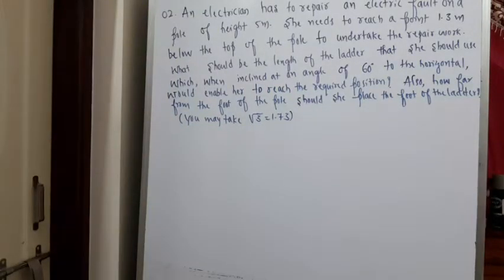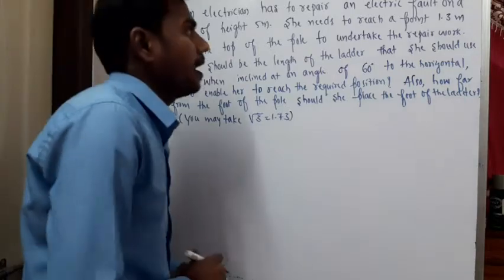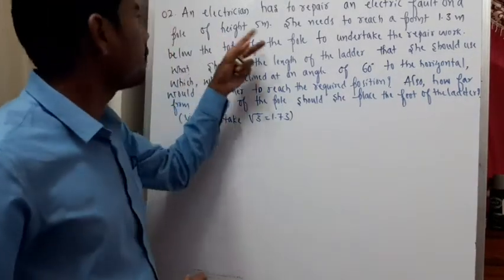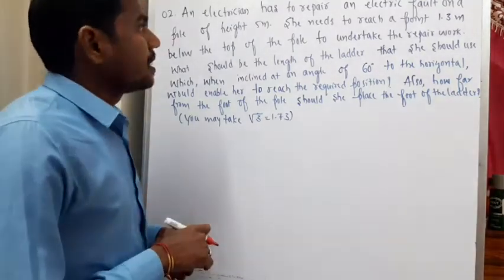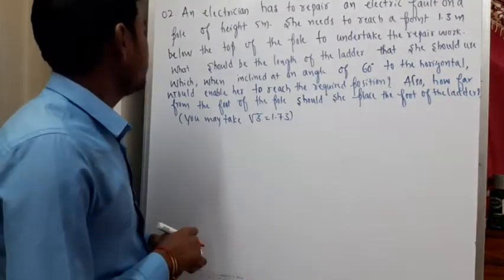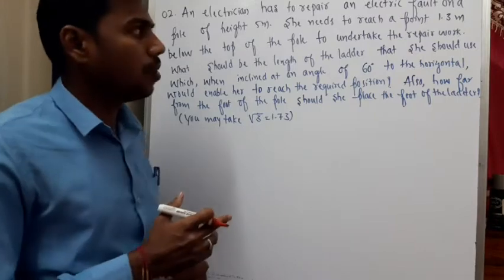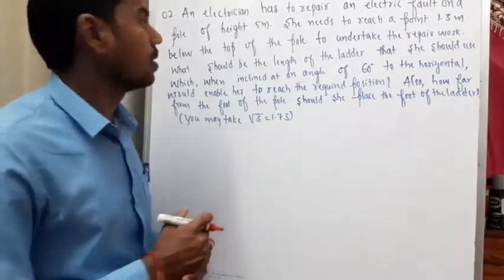So second question: an electrician has to repair an electric fault on a pole of height 5 meter. What is the height of the pole? It is 5 meter. She needs to reach a point 1.3 meter below the top of the pole to undertake the repair work.